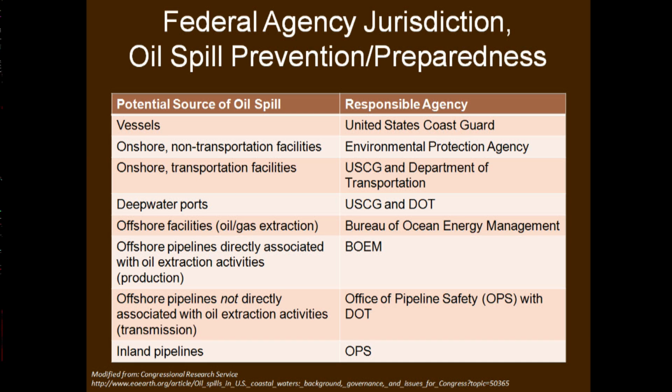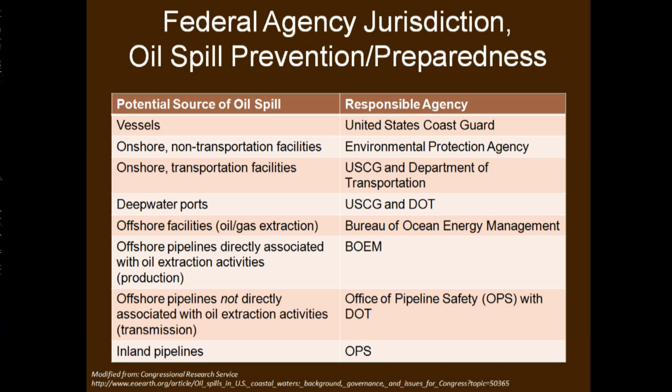If it is an offshore facility and its production activities, so oil and gas extraction, then it's the Bureau of Ocean Energy Management. And if it is pipelines that are associated with production, not transportation, then it's also the Bureau of Ocean Energy Management.